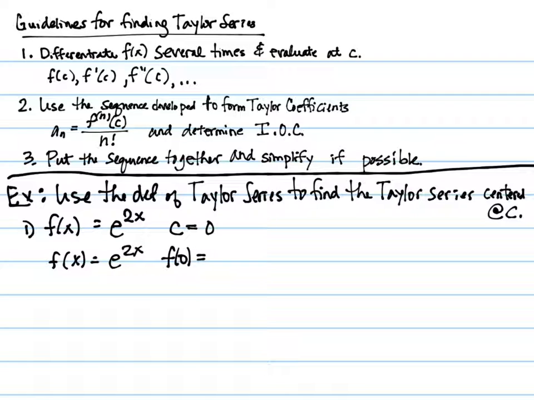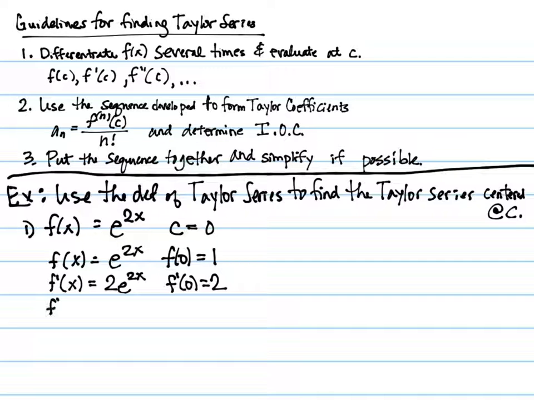So what is f of 0? It is 1. All right, let's do some derivatives. So what's the derivative of e to the 2x? 2 e to the 2x. And if we evaluate that derivative at 0, what will we get? 2.